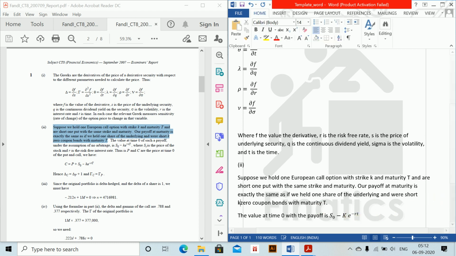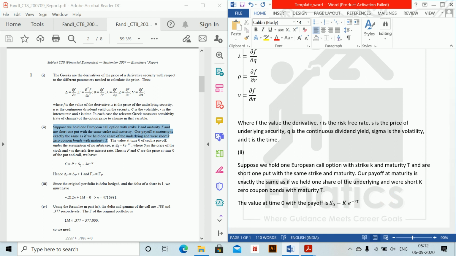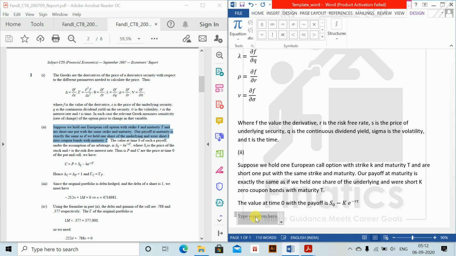Here also the strike price is always capital K. R is the risk-free rate, and P and C are the prices of the put and call. So C is equal to P plus S naught minus K e to the power minus RT.